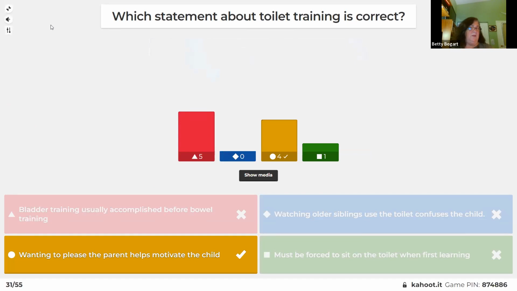When you look at, yes, bladder is before bowel, but okay, I probably could put that one as a correct answer too. I think you're right. I'll change it. But it's all about that motivation of the parents.